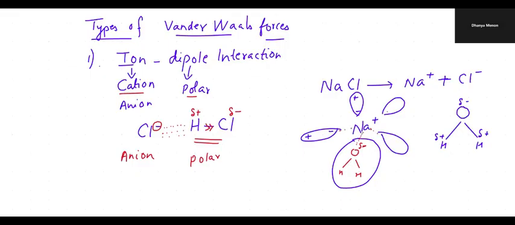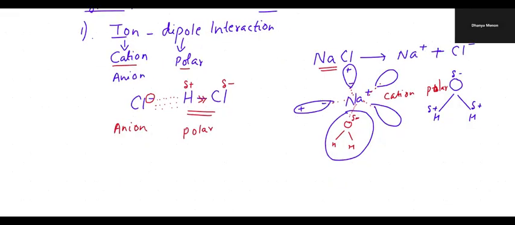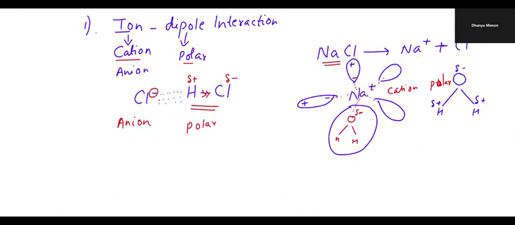There's a weak force of attraction between the negative charge of oxygen and the positive charge of sodium. And that is why sodium chloride is soluble in water. And this weak force of attraction between the cation and a polar molecule is also called ion-dipole interaction. So the negative charge of oxygen attracts the positive charge of sodium. So this is ion-dipole interaction.